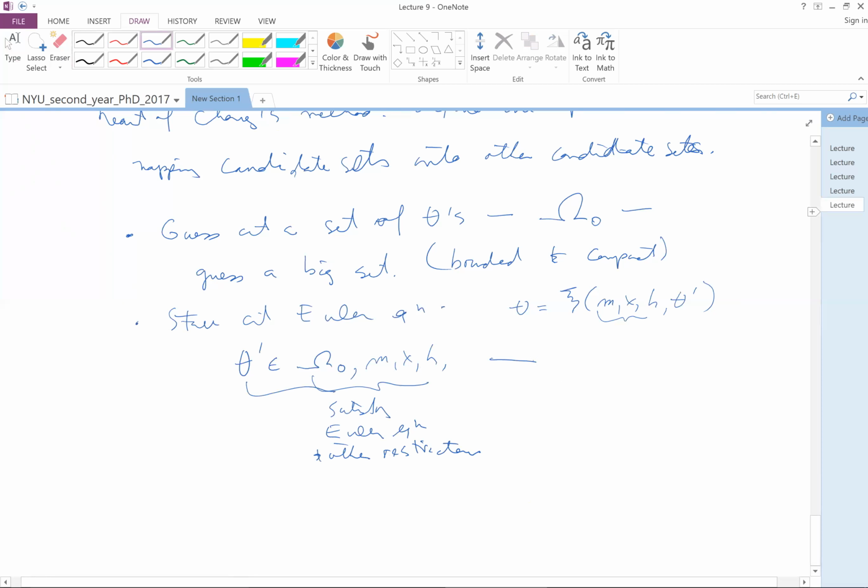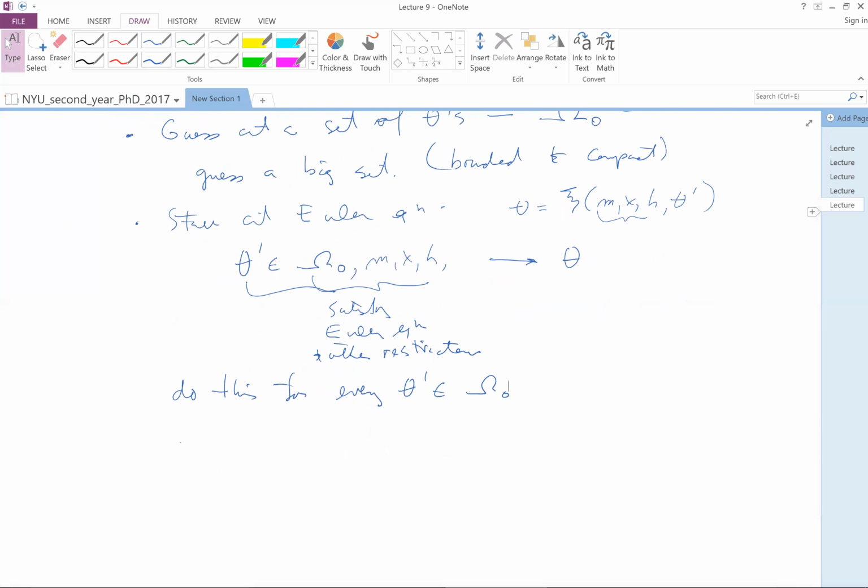And what it does is it maps it into a theta. So now you do this for every theta prime belonging to omega 0. For every different one, you're going to get a different theta. So the consequence is that you're going to map omega 0 into another set, omega 1. These are thetas.